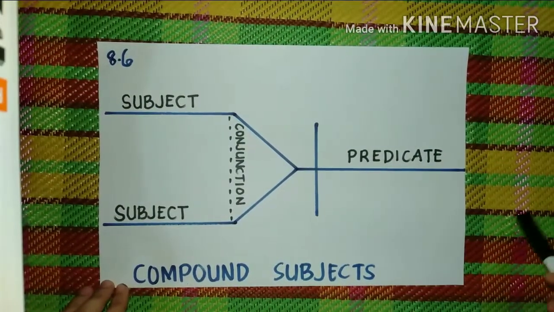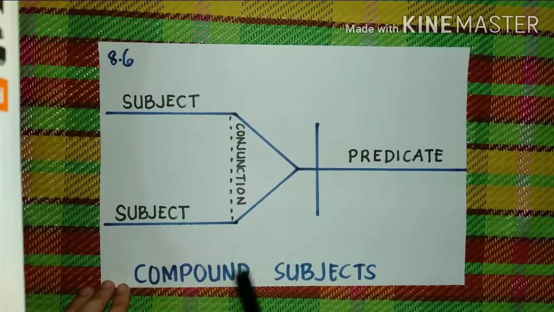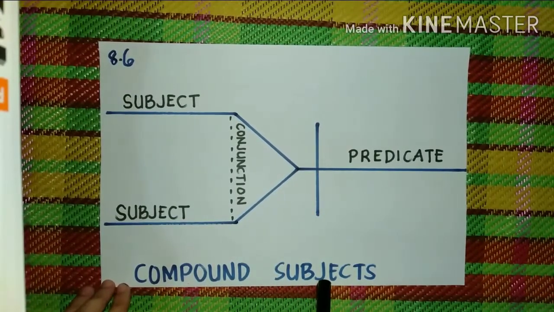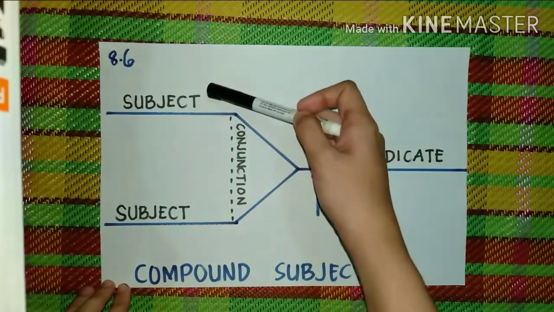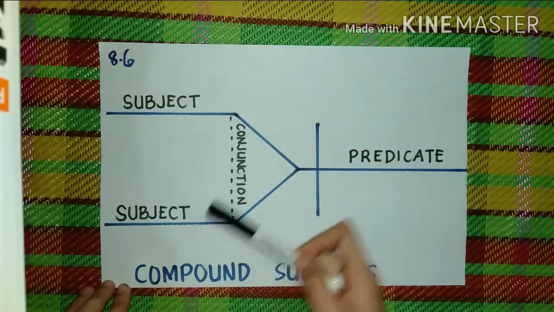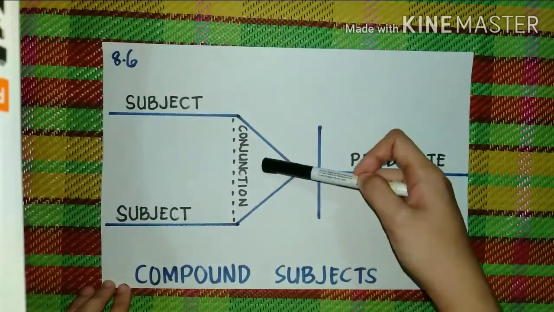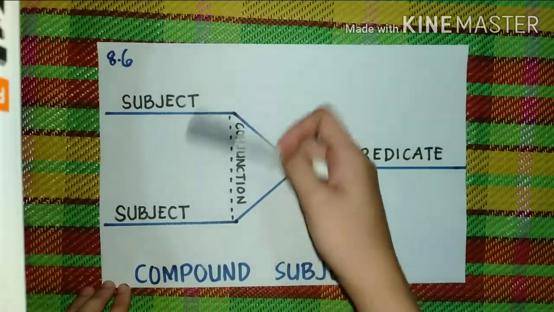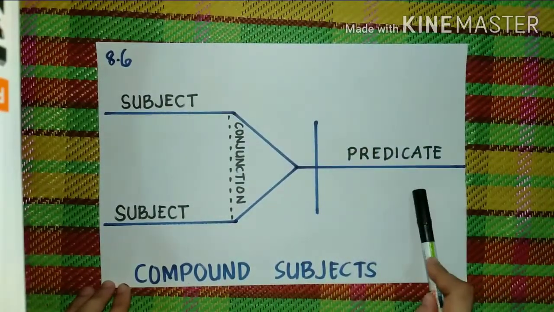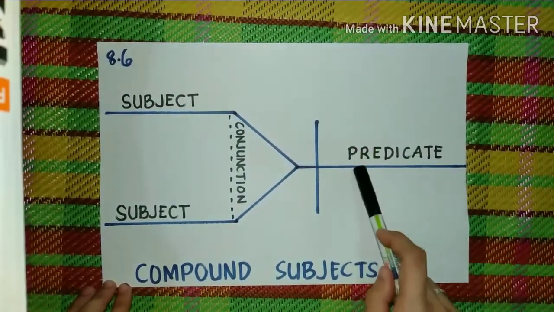So basically, this is the basic diagram that you should follow in compound subjects. You should have the subject here, then the conjunction, since the conjunction connects the two subjects, and the last part is the predicate.